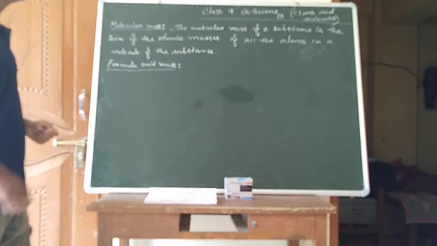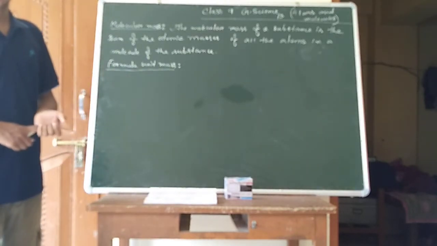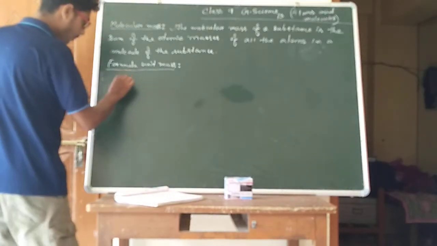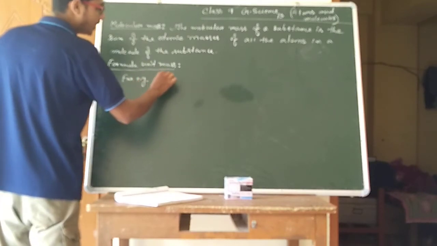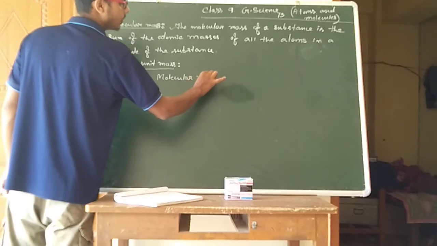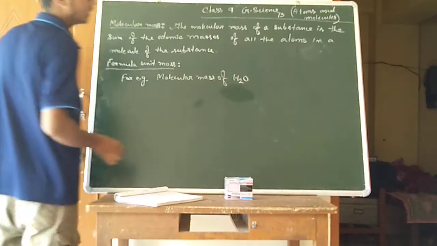So what is molecular mass? The molecular mass of a substance is the sum of the atomic masses of the atoms in the molecule. For example, the molecular mass of water.